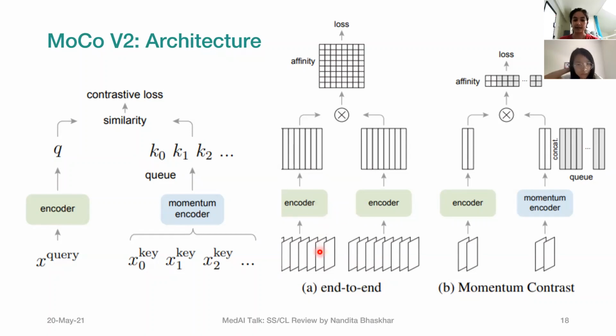So we pass all the images, all the views through the same encoder and compare pairwise losses. Whereas in momentum contrast, you do not actually pass gradients through this encoder. So you do backpropagation only for the query encoder, and for the key encoders, you just use a momentum update from the query encoder. And so because of this, your memory requirements for each batch is almost negligible.